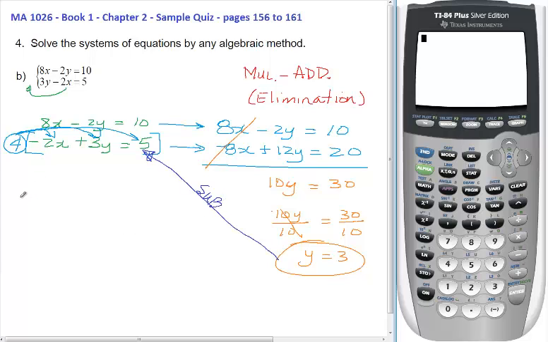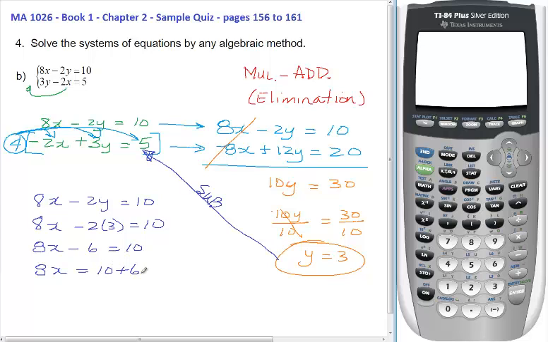Let's put it back in either one. I'll pick the top one: 8x minus 2y equals 10. I'm putting 3 in for y. 8x minus 2 times 3 equals 10. So I got 8x minus 6 equals 10. Now add 6 to both sides, which moves the 6 over and it becomes positive, whatever way you want to say it.